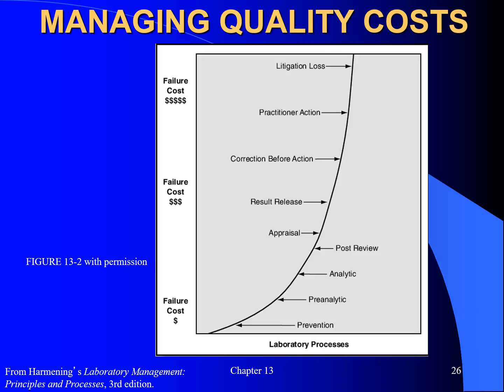From prevention through measurement, detection, follow-up, and possibly to litigation, each level results in a significant increase in quality cost, said to be as much as tenfold increase at each level. Not all issues make it to the litigation stage. However, all issues increase in cost every time they move forward. A graphic representation of this concept is presented in this figure.